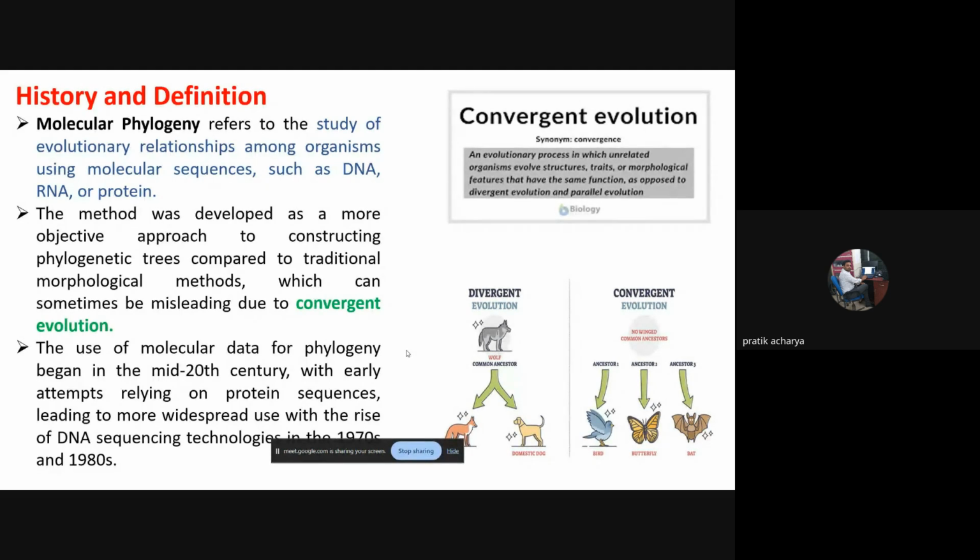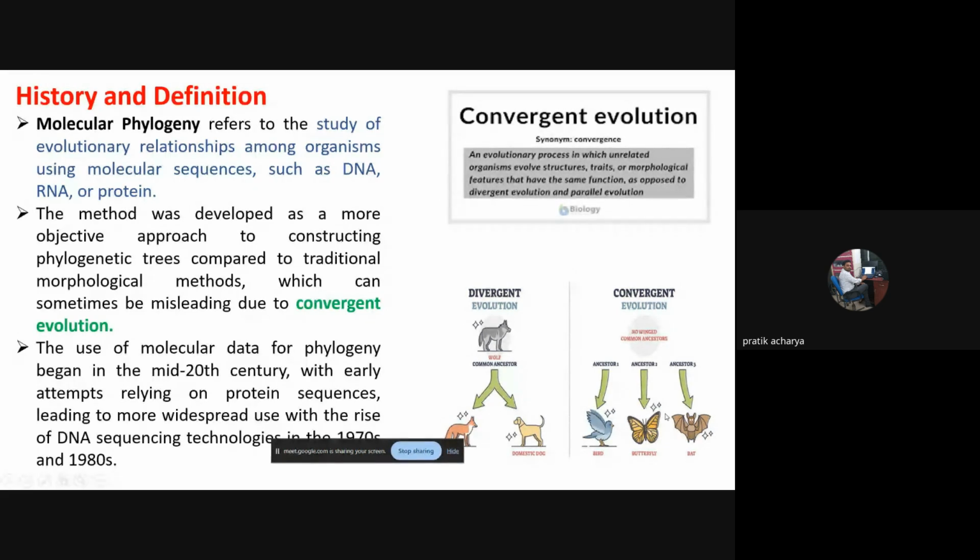But why is the convergent evolution example given here? The common ancestry condition is not difficult to understand in divergent evolution, because structural similarities are there. But in convergent evolution, if we look at the organismal variation, the bird, the butterfly, the bat, they all have wings.